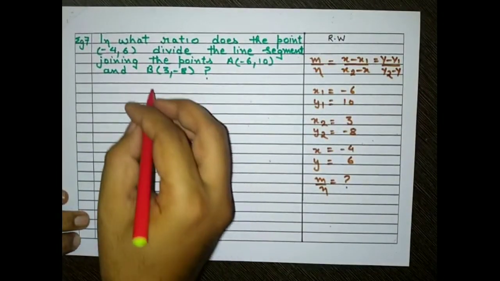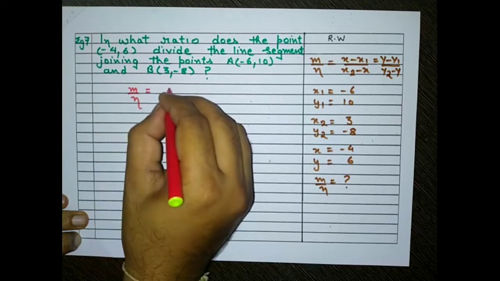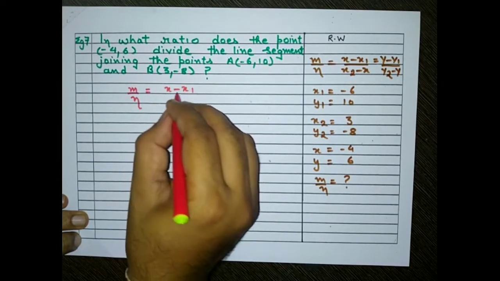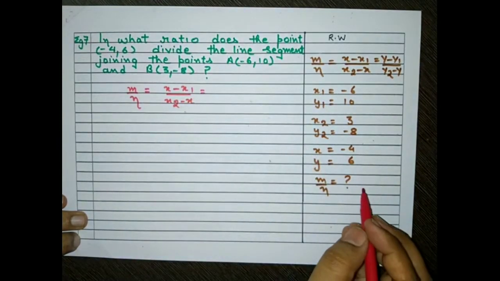So m by n is equal to (x - x1) over (x2 - x). Only this much part is needed.